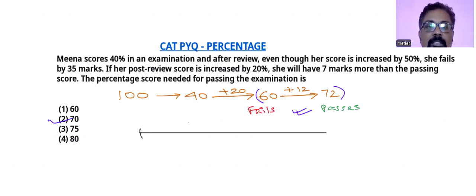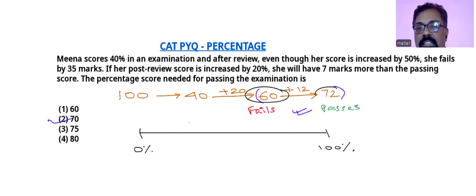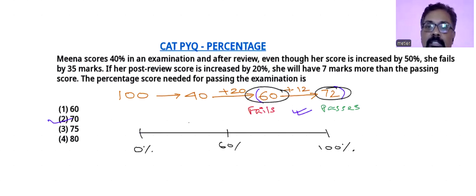Say this is 0% marks. This is 100% marks. You have to place these two values, 60 and 72. Now, 60 is somewhere here and 72 is somewhere here.